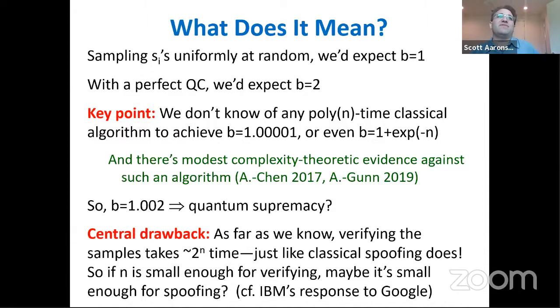And this point was at the heart of IBM's response paper that they put out, where they tried to rebut Google's claim, where they said, look, if we used Summit, it has 250 petabytes of hard disk, and using that, we could just explicitly store the entire state of the 53 qubit Sycamore chip to hard disk and thereby simulate it in just a few days.